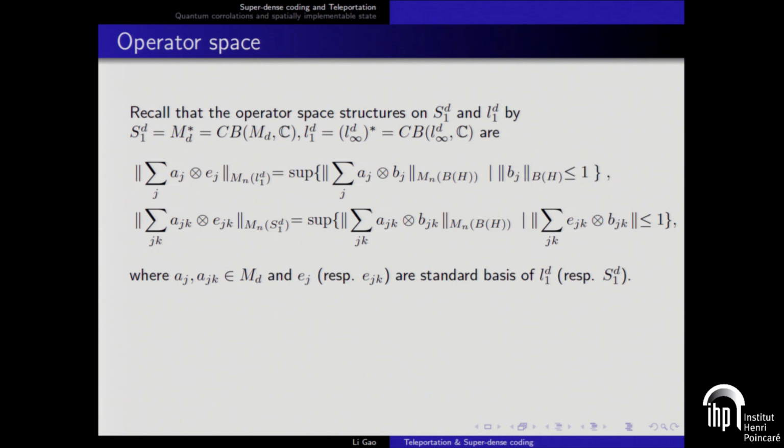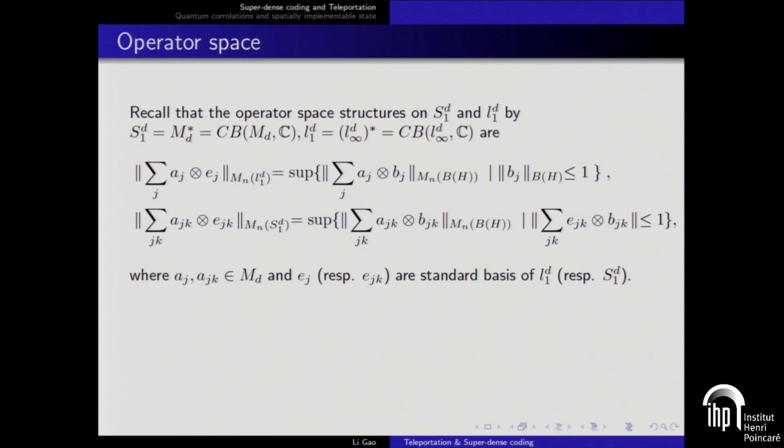You can understand the dual space of operator space by the complete boundary map to the scalar. And if you use this formula, it's actually not hard to see the matrix level norm of the L1 sequence is just the supremum of replacing the L1 standard basis vectors by all possible operators that are contractions.